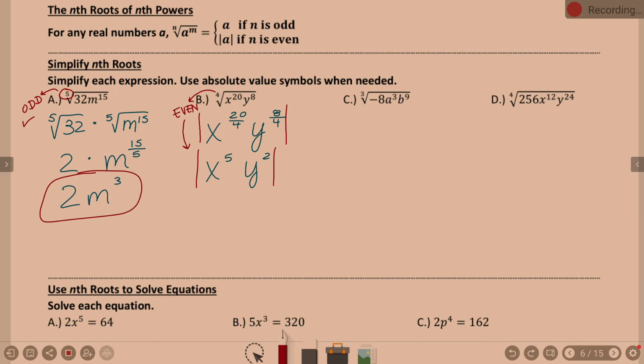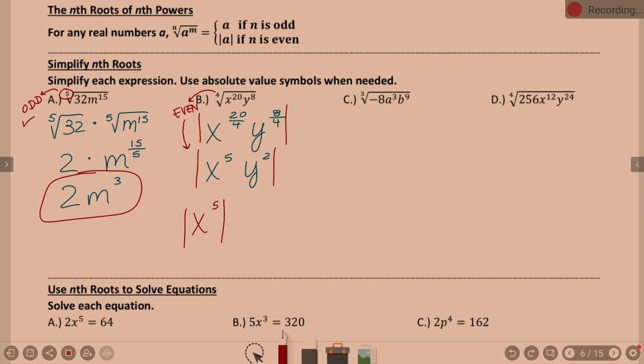Here's the deal. Could x to the fifth have a negative value? So basically, if x was negative and you raised it to the fifth, could that be negative? It could. Am I allowed to have a negative under a fourth root? I'm not. So absolute value bars have to stay around the x to the fifth. What about y squared?